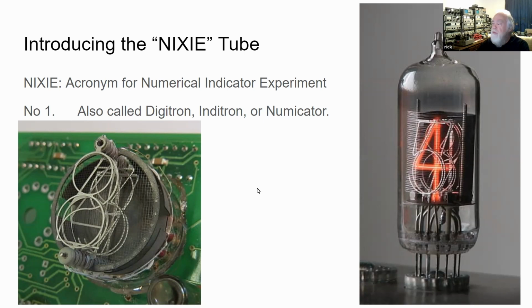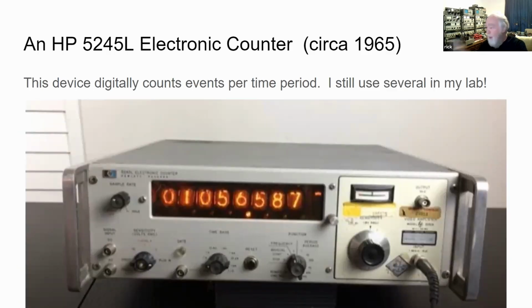And these were used for many, many years, long before we had the 7-segment displays with either LED or liquid crystal. This is an application of that Nixie tube, 8 of them in a row, to count pulses over a period of time. These are used for measuring frequency and time duration. They're still used today.